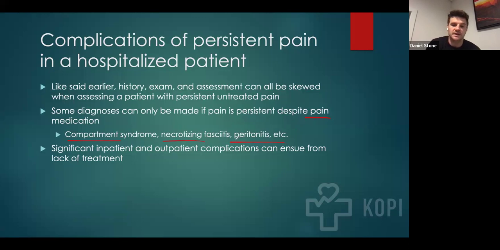If I see somebody who has a peritoneal sign and they're telling me that they have a rebound and I want to palpate their abdomen, I want to make sure that I do two things: that I give them pain medication. So I'm going to give them a pain med and I'm going to reassess them.